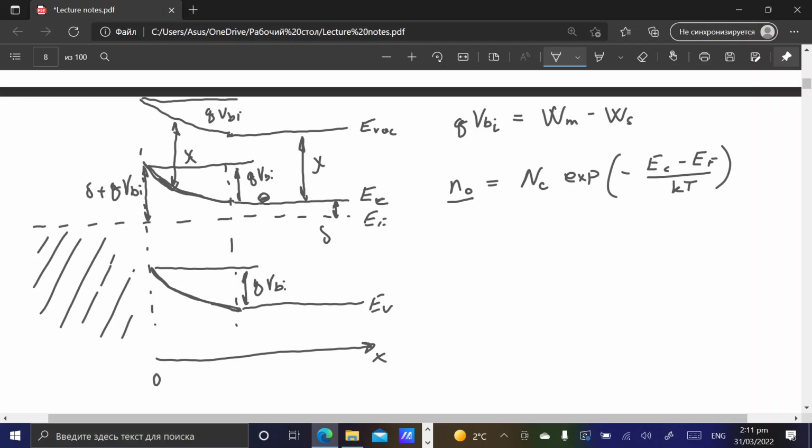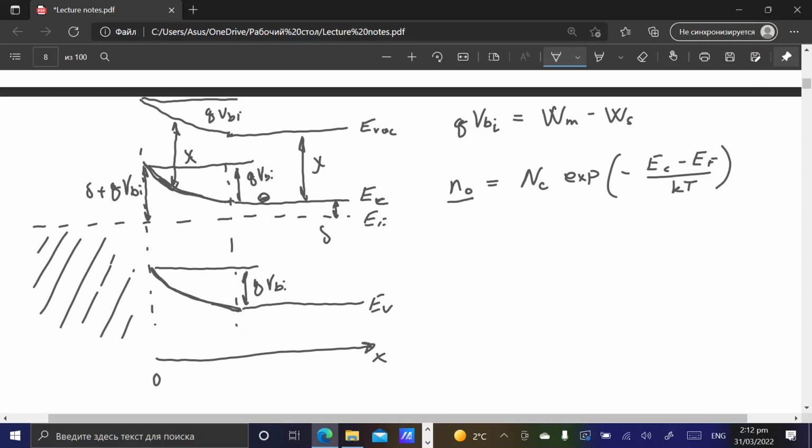Since we have exponential dependence on this gap between the Fermi energy level and the bottom of the conduction band, concentration will be dramatically different in the neutral region and at the interface between metal and semiconductor. So where will be higher concentration of electrons? At the interface? Why?